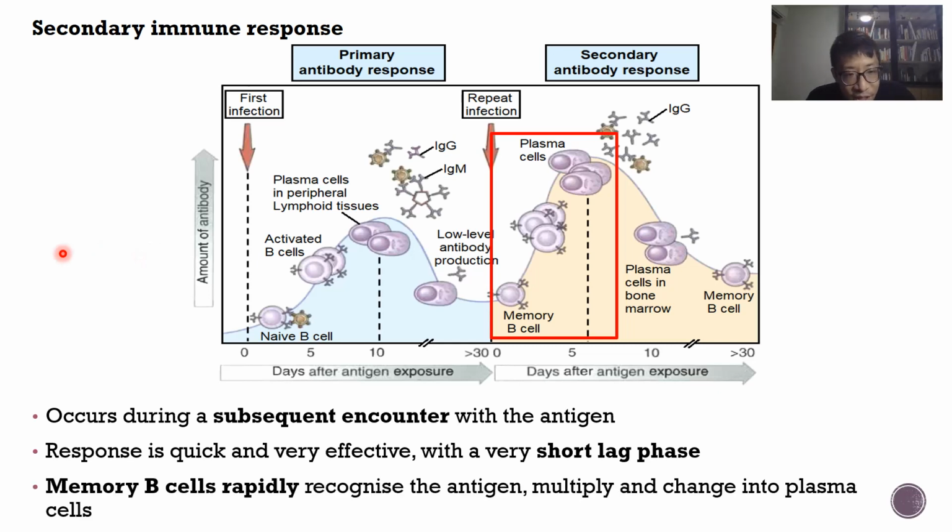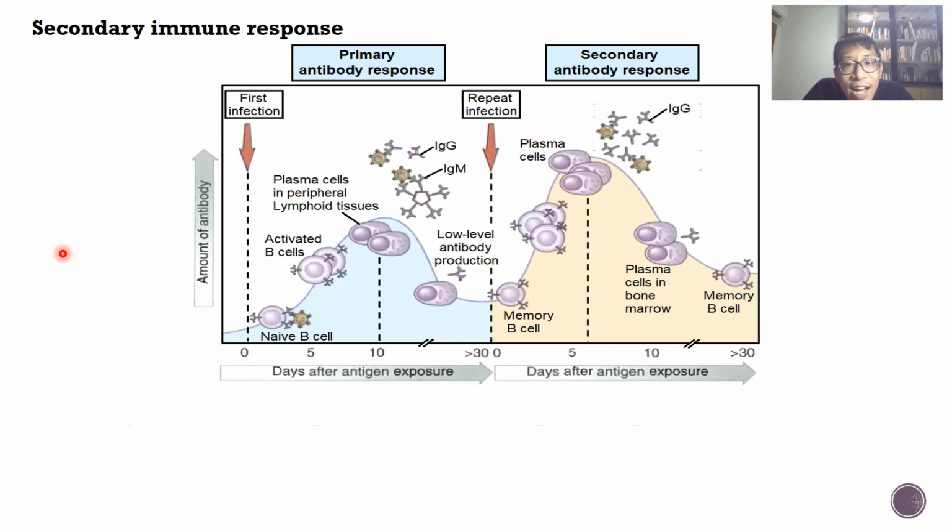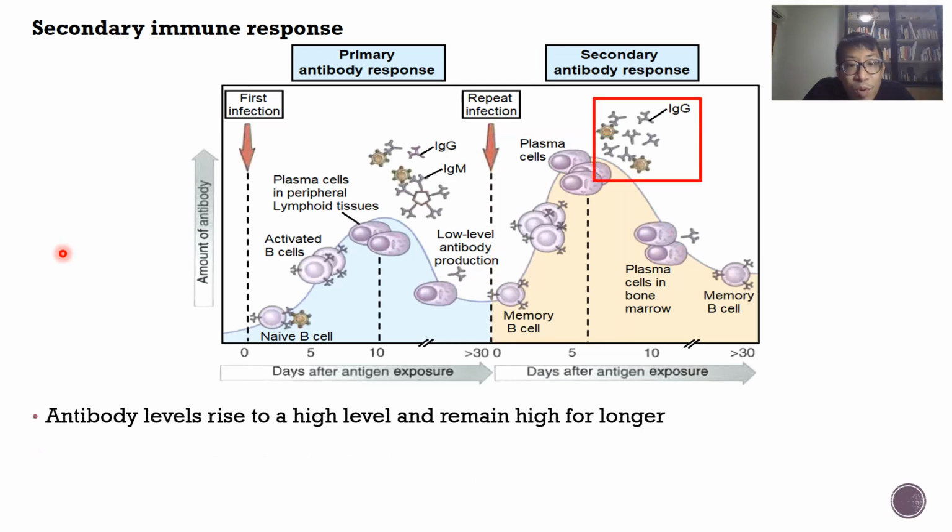As I mentioned already, the memory B cells would be able to recognize the antigen very quickly, undergo clonal expansion, and differentiate into plasma cells very quickly, much quicker than the primary immune response. Antibodies will be produced, and here the amount of antibodies will be higher, as you can see, than the primary immune response because there are more plasma cells.